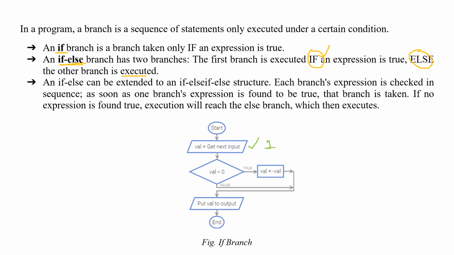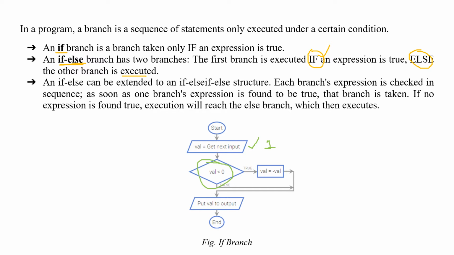So if it's 1, it goes to the if block. This whole thing is the if condition. When it goes to the if block, the value less than 0, that is 1 less than 0, it's not true, it's false. So it prints out the value as 1.